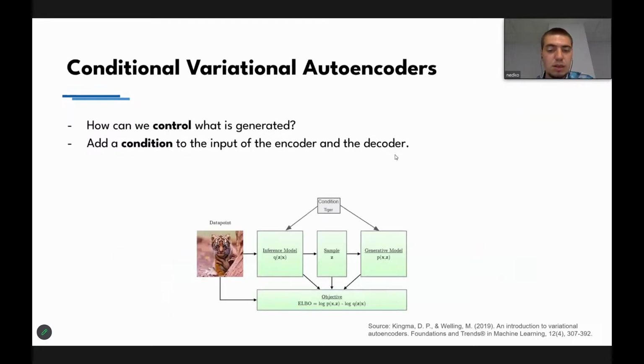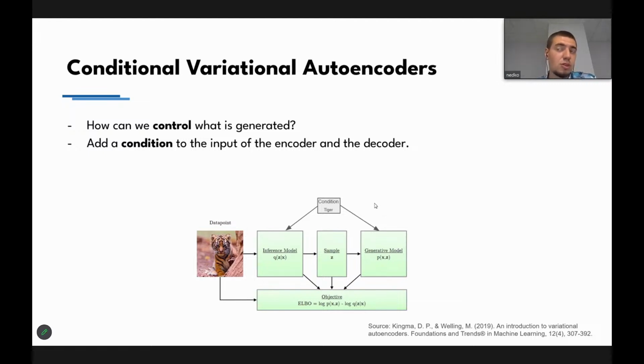That's how it works. But again, what if we want to have a certain condition? What if I want an image of a tiger in specific? That means that I need to have some sort of a label, some sort of condition here that, just like with generative adversarial networks, I'm going to give to the encoder and to the decoder, right?